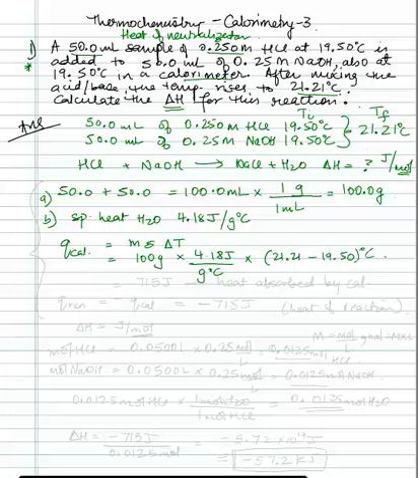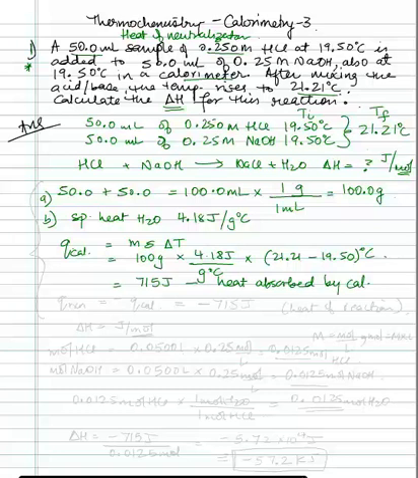Okay, so that means that the heat absorbed by the calorimeter is 715 joules. Okay, that we have, and this is again heat absorbed by the calorimeter. All right, that's the Qcal.